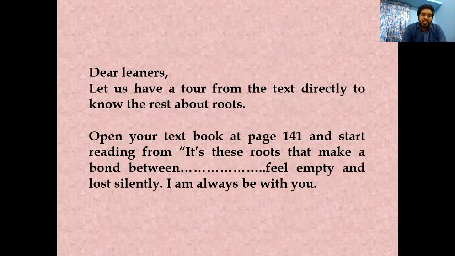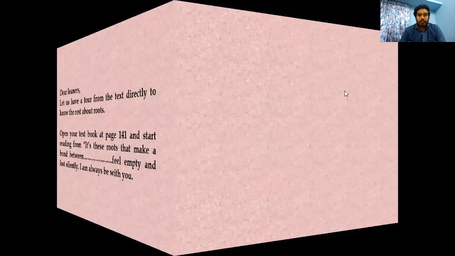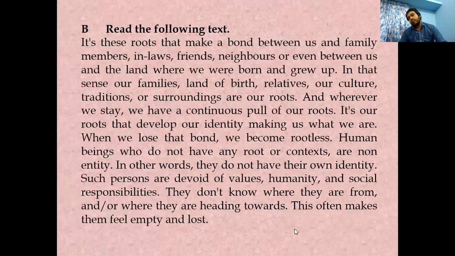If you have any question or any vocabulary problem, you can put it in the comment box. I will discuss the word or I will solve it. Here is the text for you. I'm going to read the text. You have to listen to the pronunciation carefully. If you have any vocabulary problem, you can put it in the comment box.